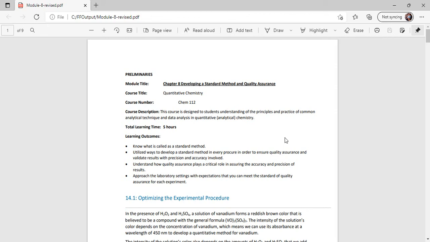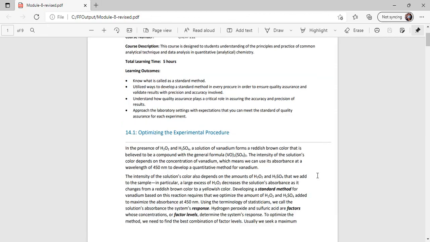You have here optimizing the experimental procedure. In the presence of your hydrogen peroxide or your H2O2 and your sulfuric acid or your H2SO4, a solution of your vanadium forms a reddish-brown compound with a general formula of VOSO4, vanadium oxide and SO4 for your sulfate.